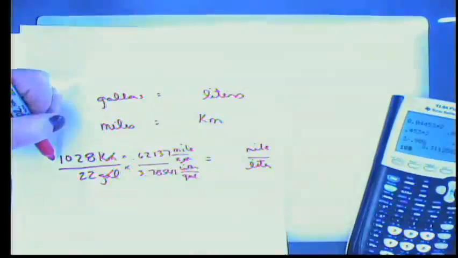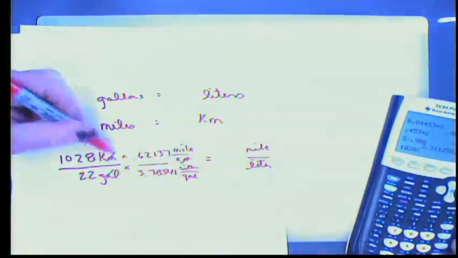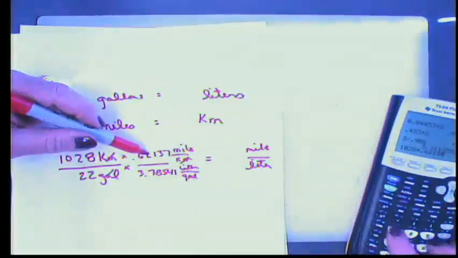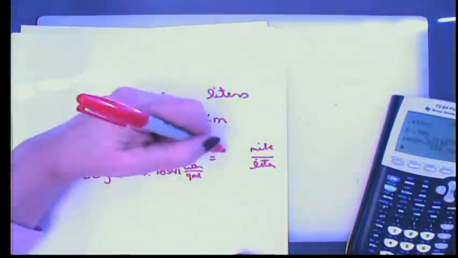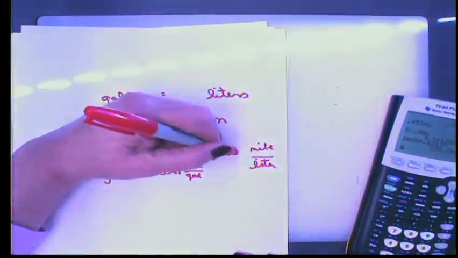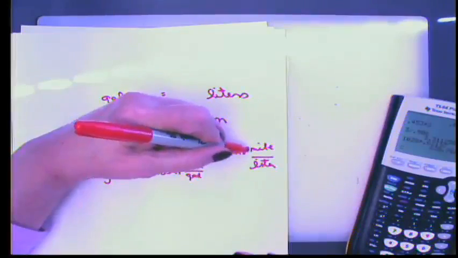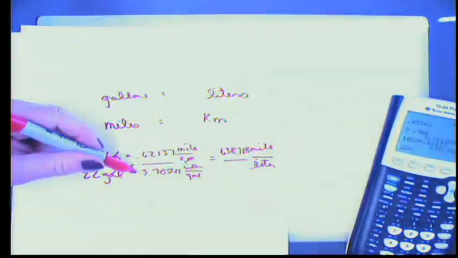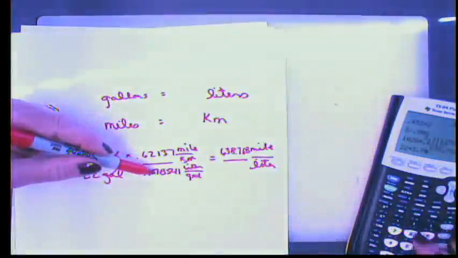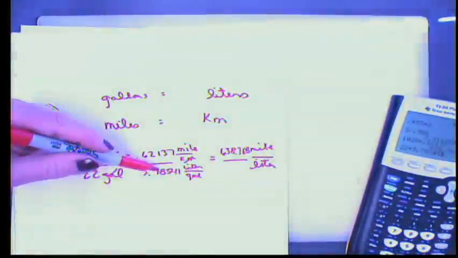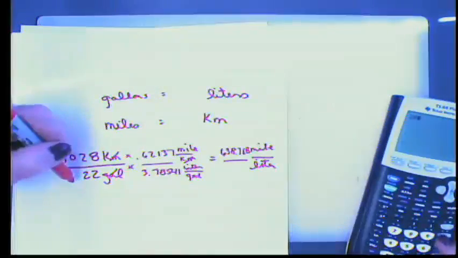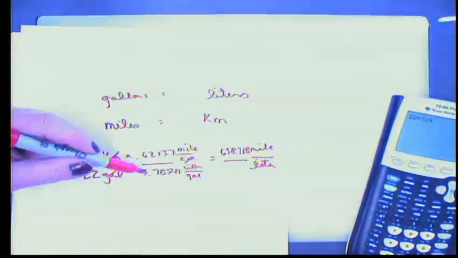So the top, my numerator is 1,028 times 0.62137, and that number is 638.768. And on the bottom, I have 22 times 3.78541. Whoops, my calculator just died on me, but I'll see if I can revive it.